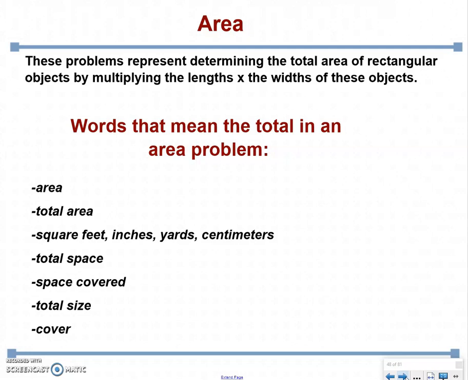Sometimes they're even trickier. Sometimes they ask how much total space is covered. Well, we know area is the amount of space covered. So, of course, total space covered is the same as area. Total space or space covered, or even total size, or just cover, can all be words that mean the total area in an area problem.